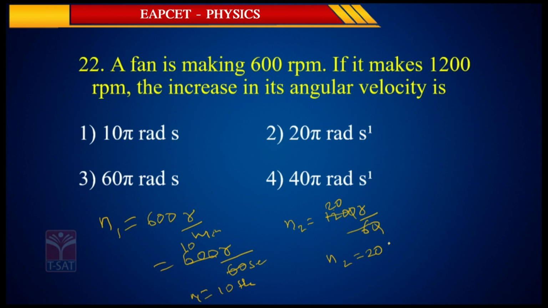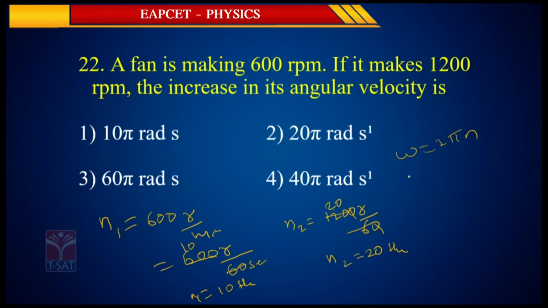Okay, 20 Hz. It is asking what is the change in angular velocity. You know that N1 is 10 Hz. You know that, children, omega is equal to 2 pi n.